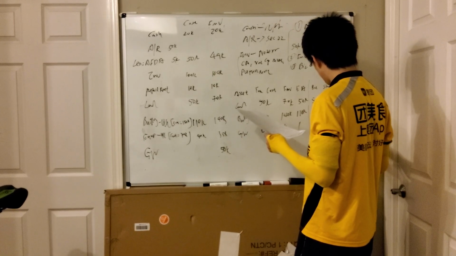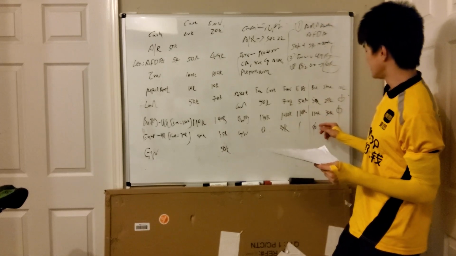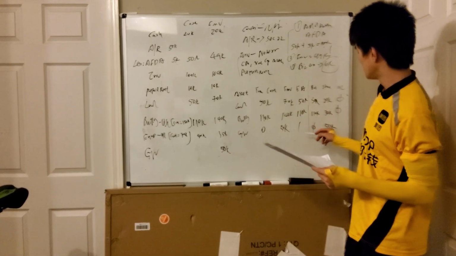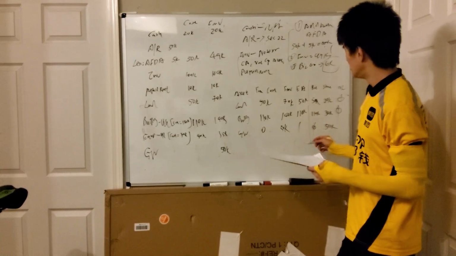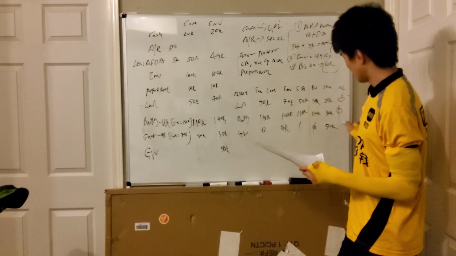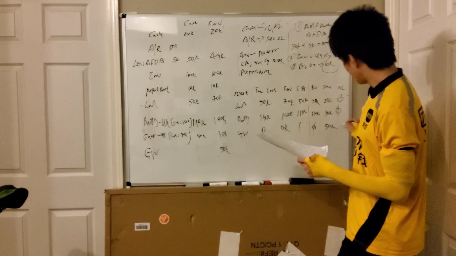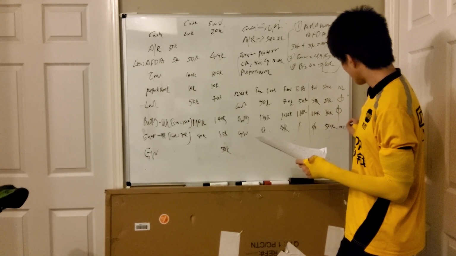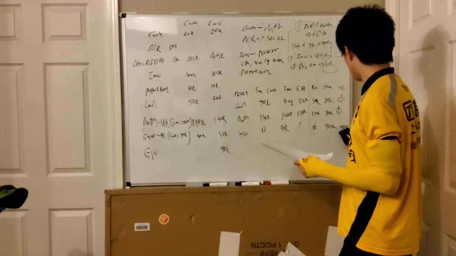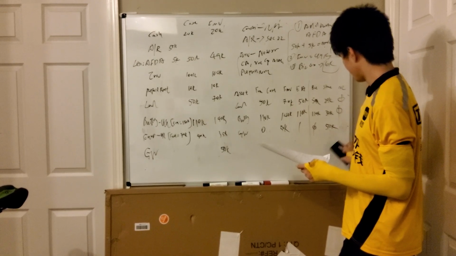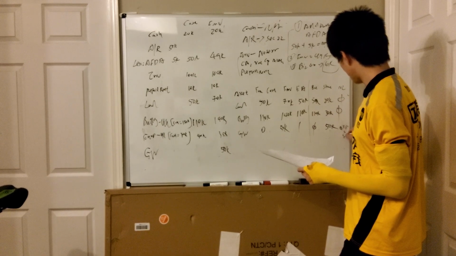Technically the boot should also be $1, but it's immaterial, so we just ignore it. So we have 50K shares, and we have this $0.5 taxable capital gain.